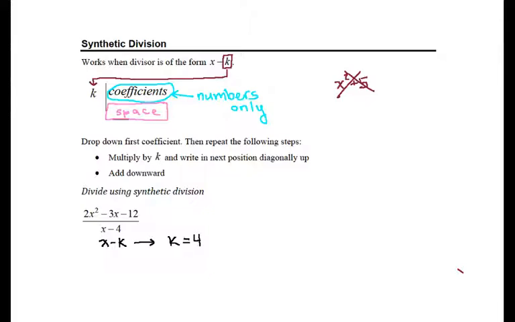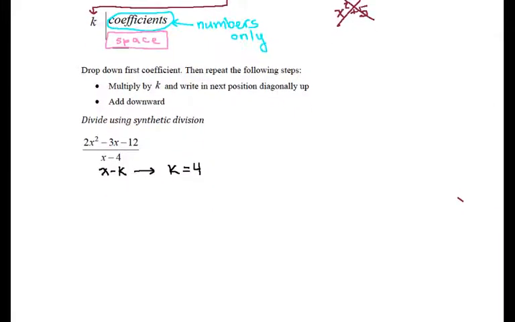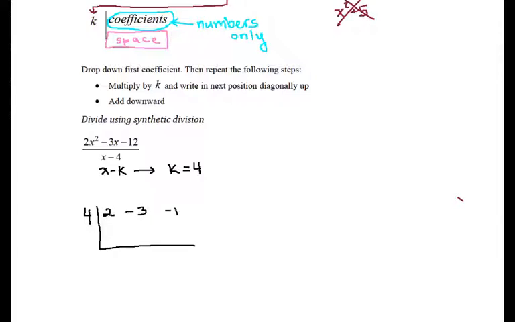So I'm going to set up my division bracket with a 4 on the outside, a tall bracket that has room for 2 lines, and just write the coefficients of the polynomial on the inside. 2, negative 3, negative 12.